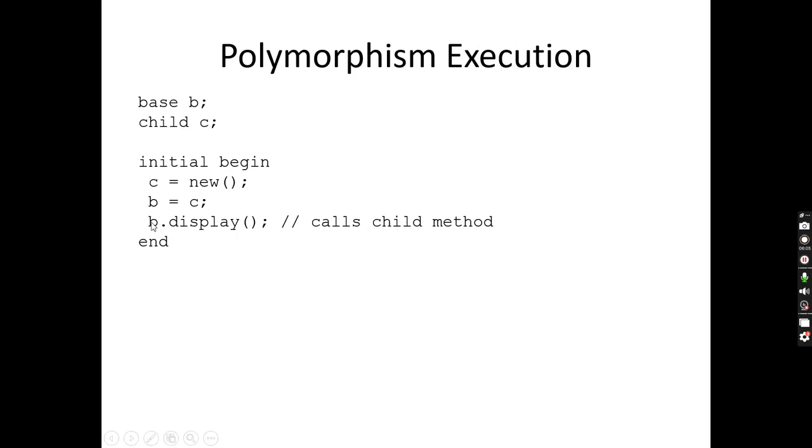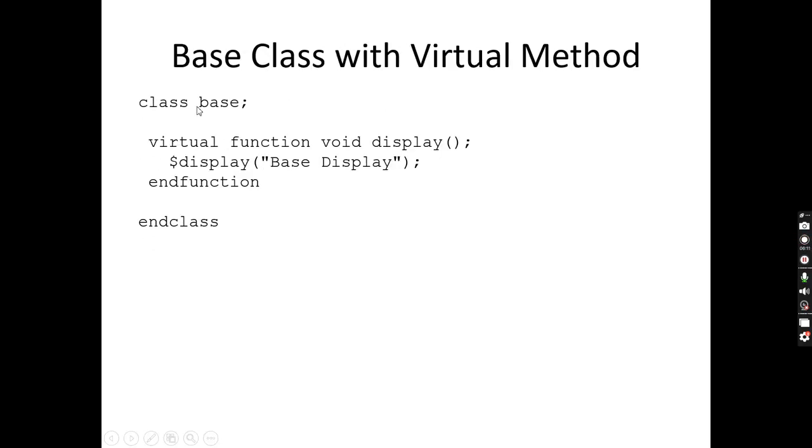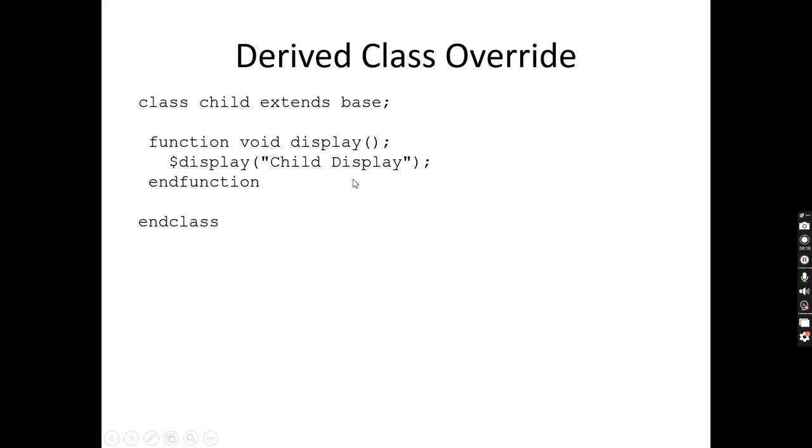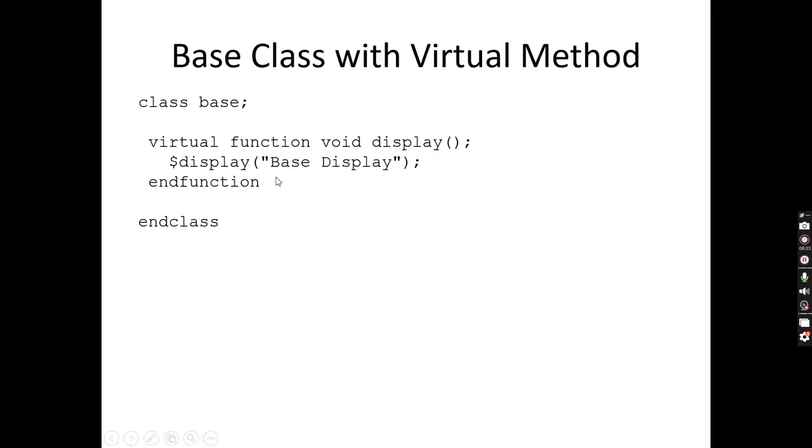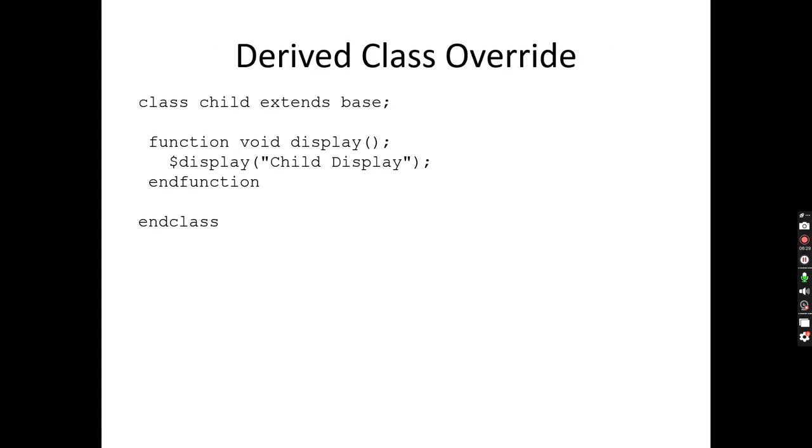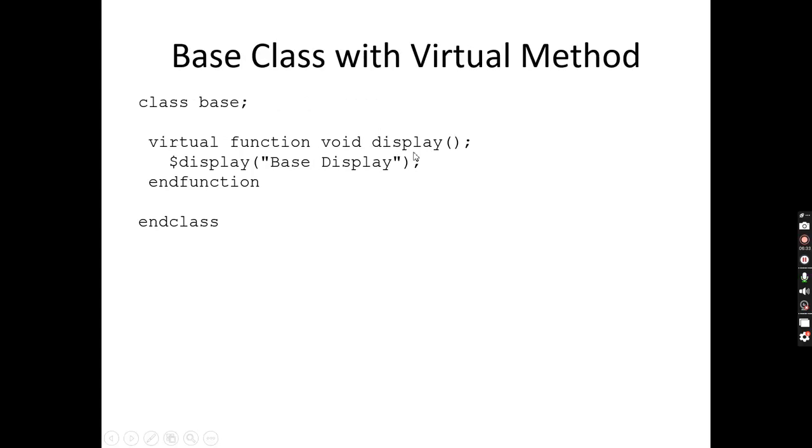Here b is the handle of the base class, so base b. If you call b.display, you would expect the base display to print, but it prints the child display. How? We put the virtual keyword before the method, and we implement both the base method and the child method with the same name. I'm using display here and display there also.